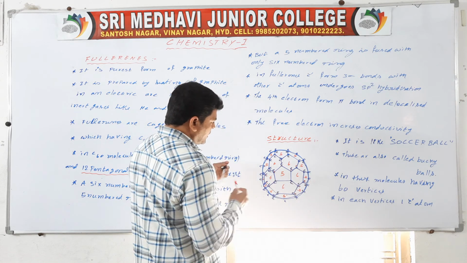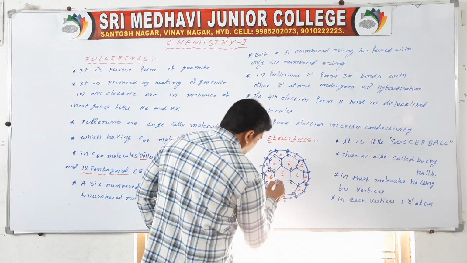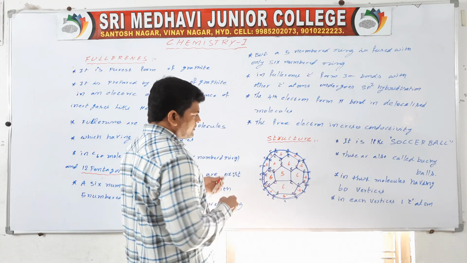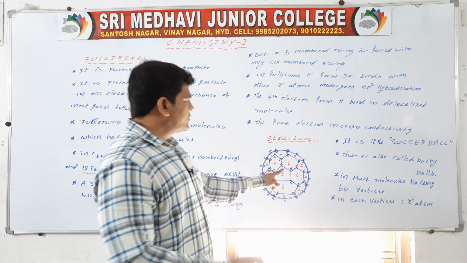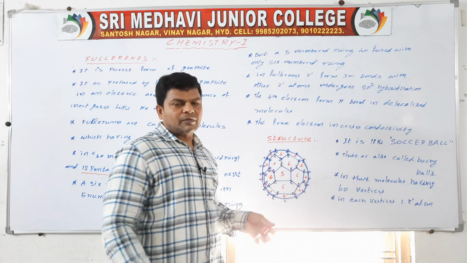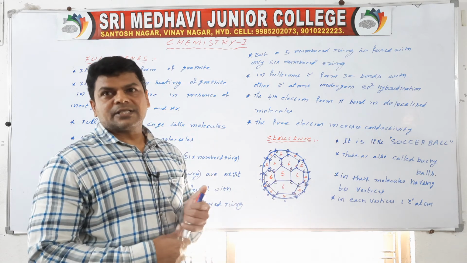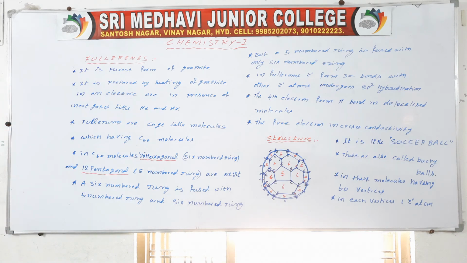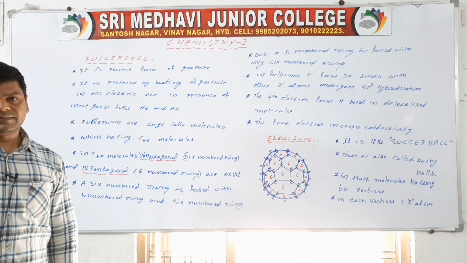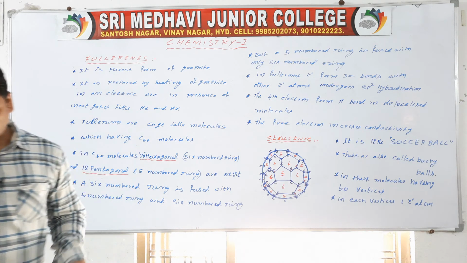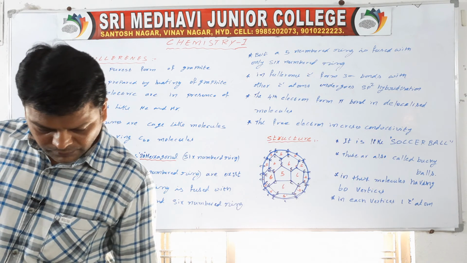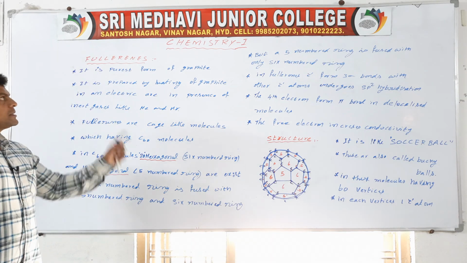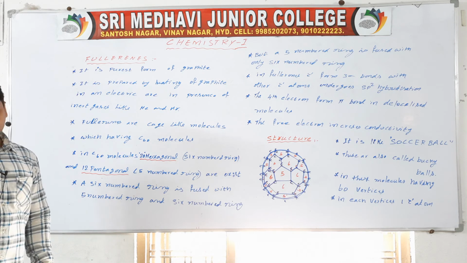It is a 6-numbered ring. Okay. So this is like a soccer ball, which has a cage-like structure. Okay. This is briefly about fullerenes.